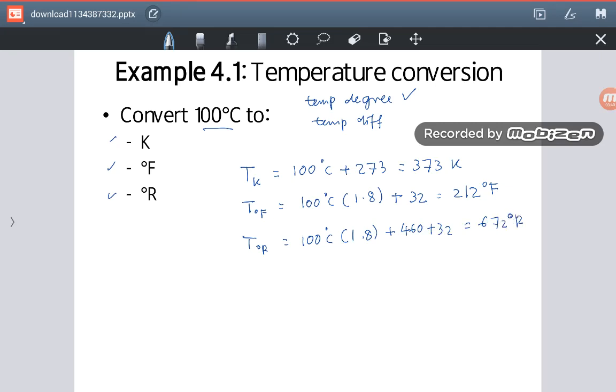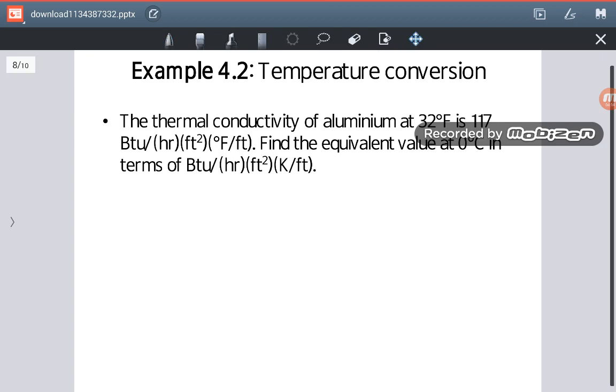Be alert here that for all the units, Celsius has this degree symbol, Fahrenheit and also Rankine also have the degree symbol. However, Kelvin doesn't have the degree symbol, so it's something you should be aware of when you write down the units. So this is a very straightforward example for temperature degree conversion. Let's just go to the next example.